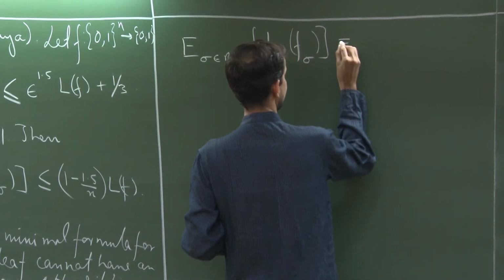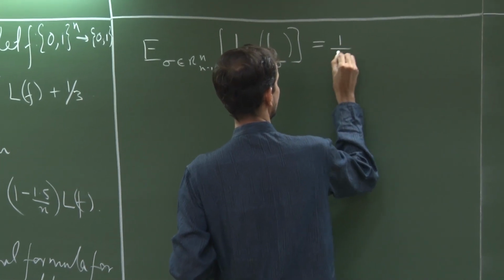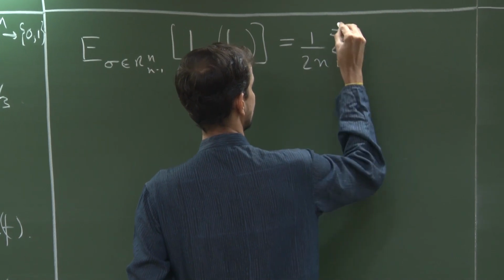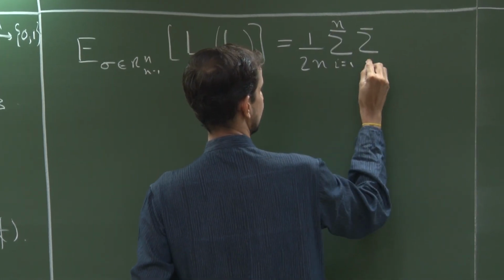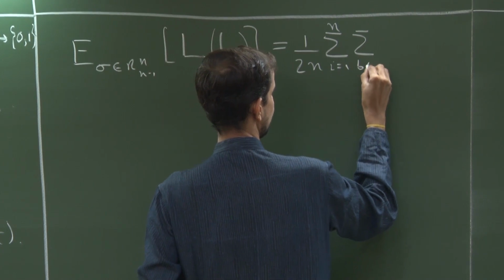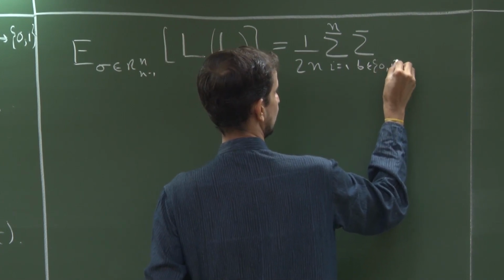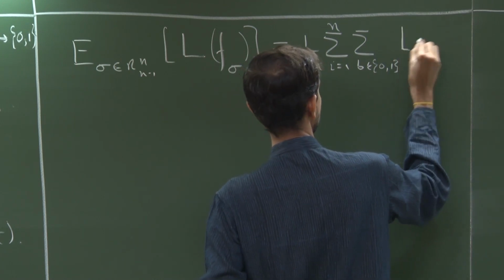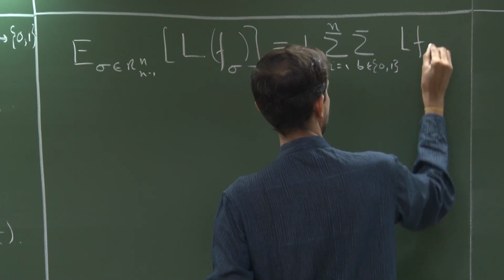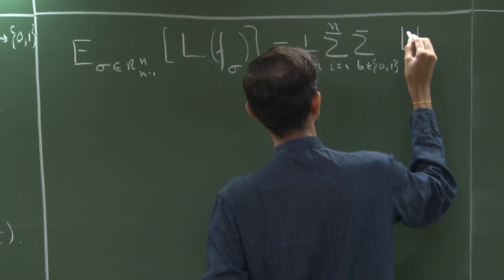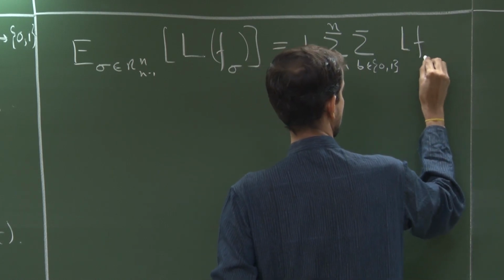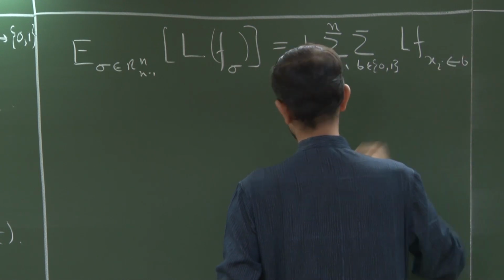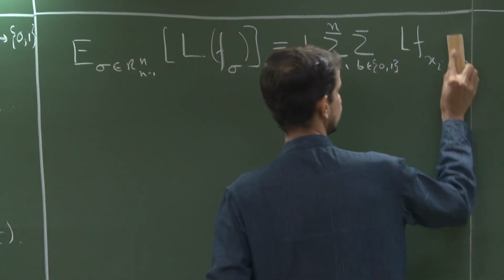So basically I can write this as 1 over 2 to the power n, sum over i going from 1 to n, sum over b taking a value either 0 or 1, of L of f restricted so that the variable xi takes the value b. This is just a notation that I am using.